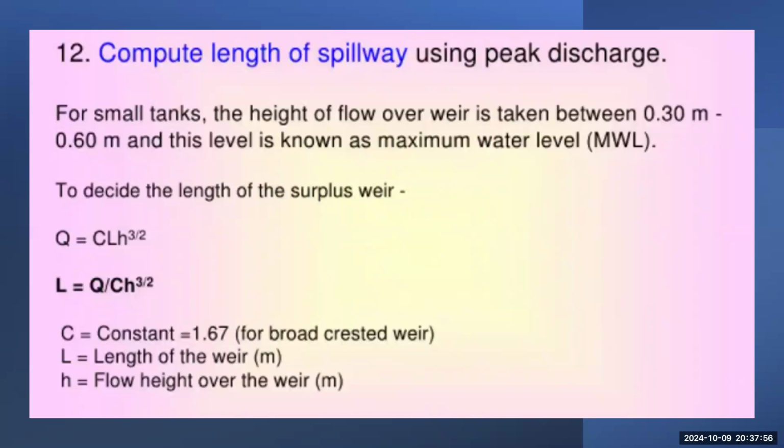To decide the length of the surplus weir, the formula used is Q is equal to C into L into h raised to 3/2, where h is the flow height over the weir, L is the length of the weir, and C is the constant for a broad-crested weir. Broad-crested weirs are the vertical drop type weirs where water overflows.